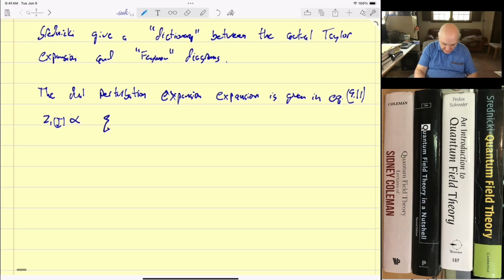So he has the sum from v equals 0 to infinity, 1 over v factorial, and v is actually the vertices. Z_g is a renormalization factor. g is the actual coupling strength of the theory. The integral of d^4x, 1 over i, delta over delta J(x).